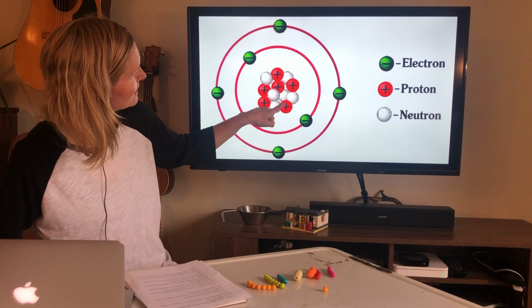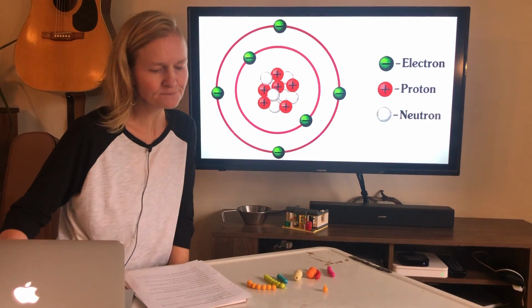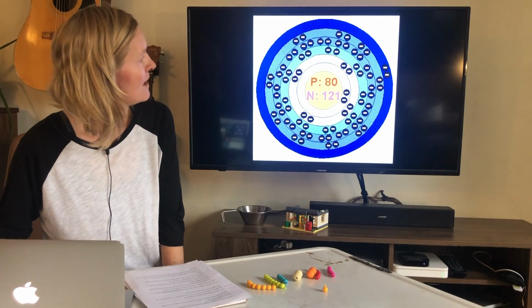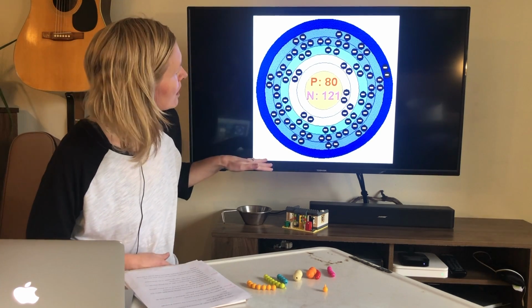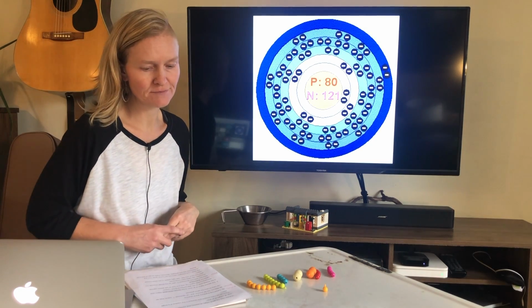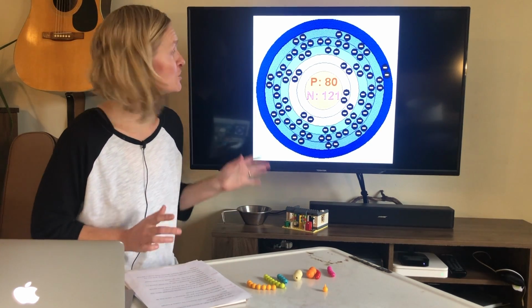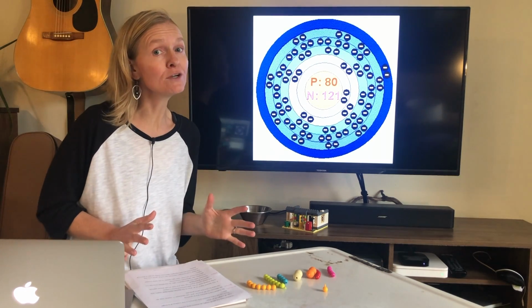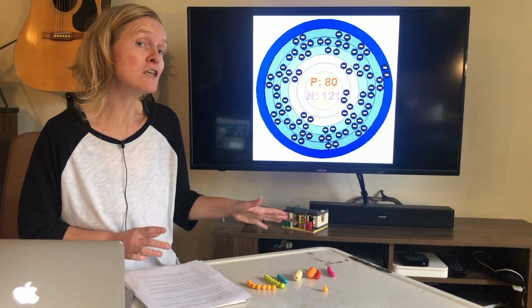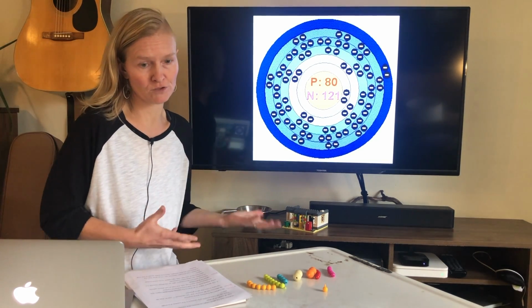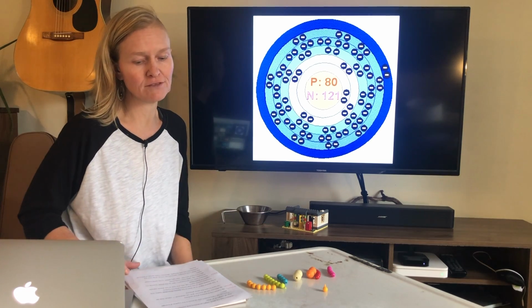They're the ones with the plus symbol. Mercury, on the other hand, has 80 protons and 121 neutrons. So it's important to remember that you can have the same number of neutrons as protons, but you can actually have more neutrons than protons in the nucleus of the atom.